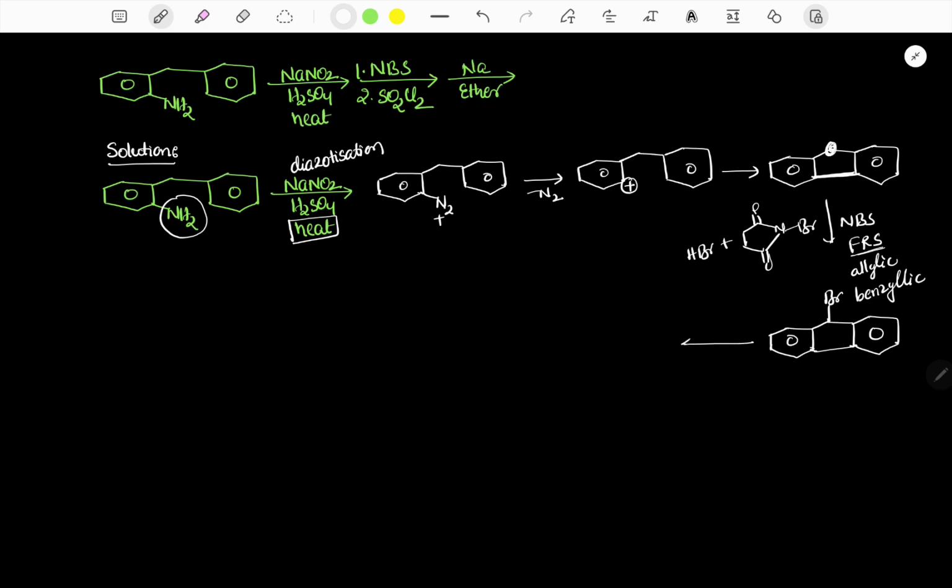Now it is treated with SO2Cl2. Whenever we use SO2Cl2, it also undergoes free radical substitution. Initially it forms a stable radical. There is only one possibility, even though the yield is low, but it forms.